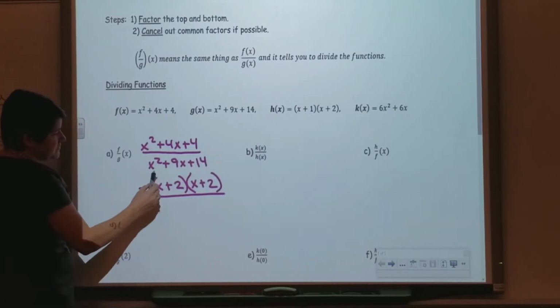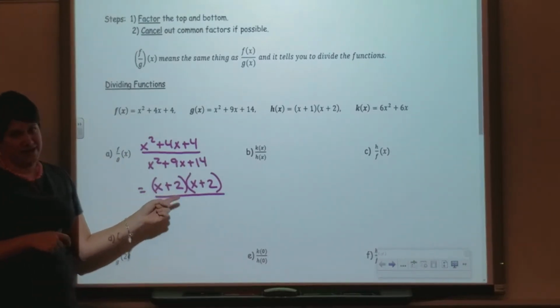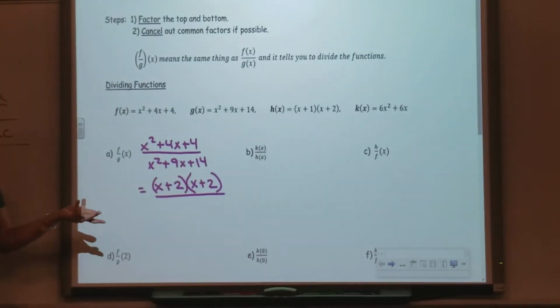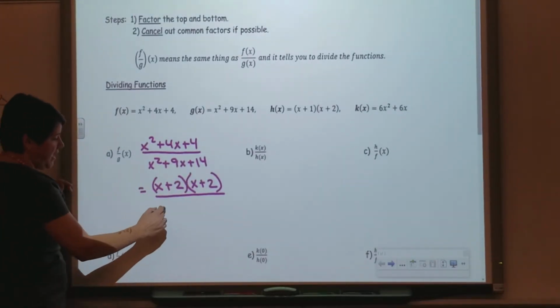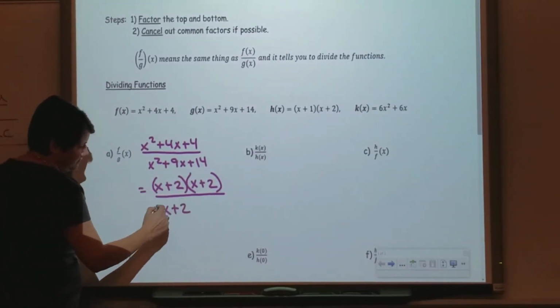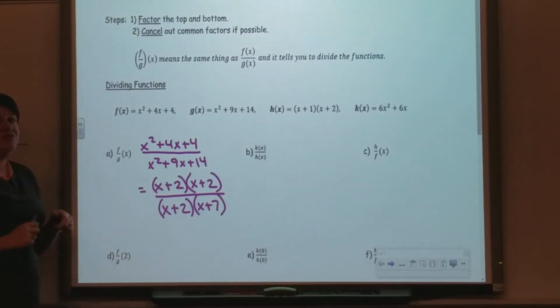So at the bottom, factor this out, and again, find 2 numbers that multiply to get 14 and add to get 9. And I'm automatically thinking of 7 and 2. 7 times 2 is 14, 7 plus 2 is 9. So at the bottom, you have x plus 2, x plus 7, and now you can really see the common factors. And again, you're only going to cancel it out if it occurs once.